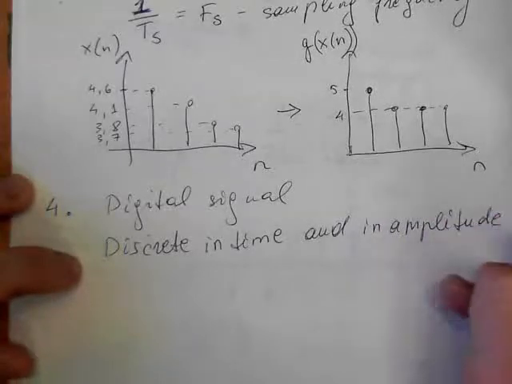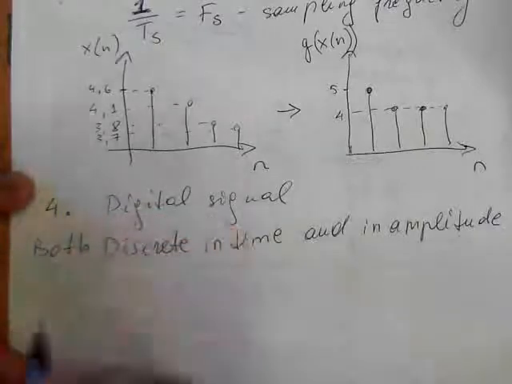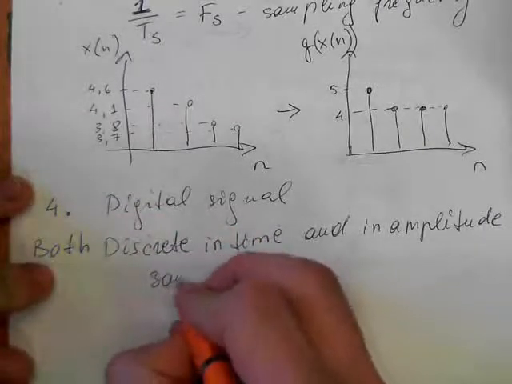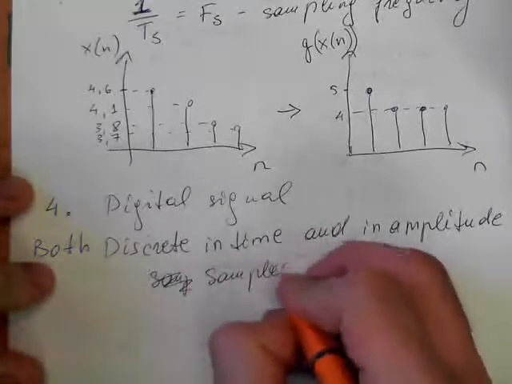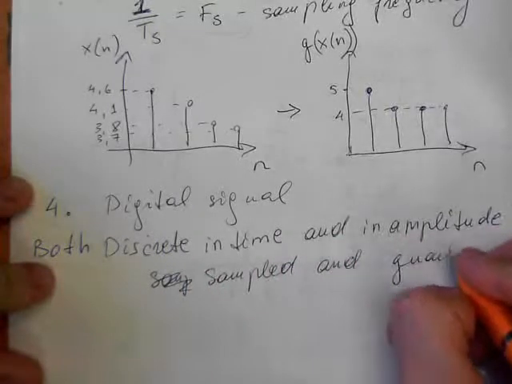It has to be both. Discrete in time and in amplitude, both. Yes, both discrete in time and in amplitude. So sampled and quantized.